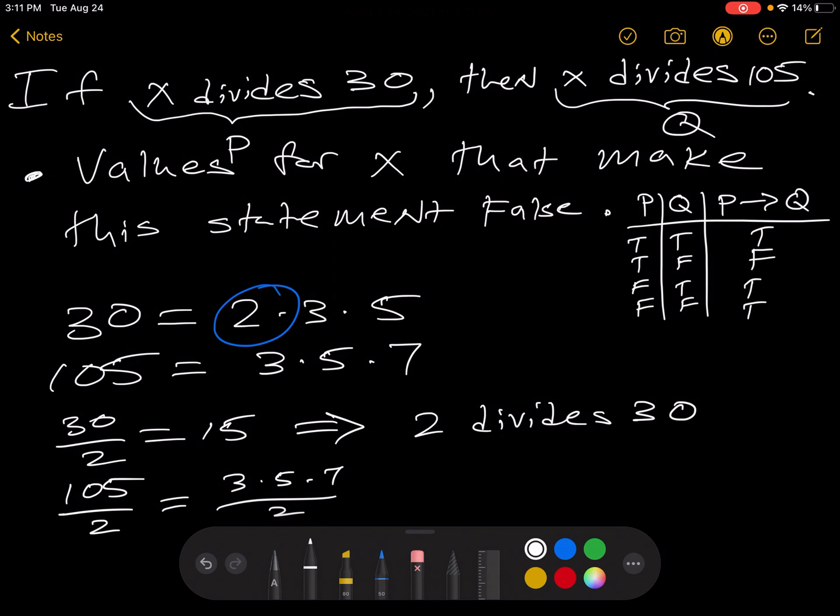So this is not an integer, which says that 2 does not divide 105.